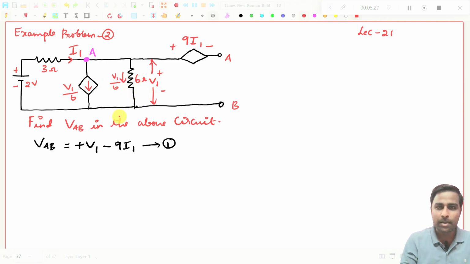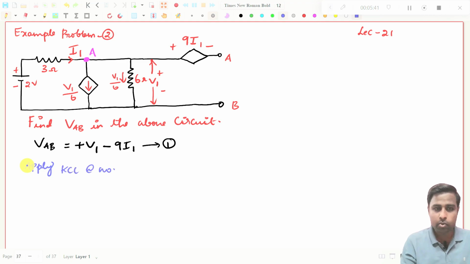So what I am going to do, I am going to apply KCL at node A. If I apply KCL at node A, what is this current? I1 is coming in, this V1 by 6 is going away, and also this V1 by 6 is going away.